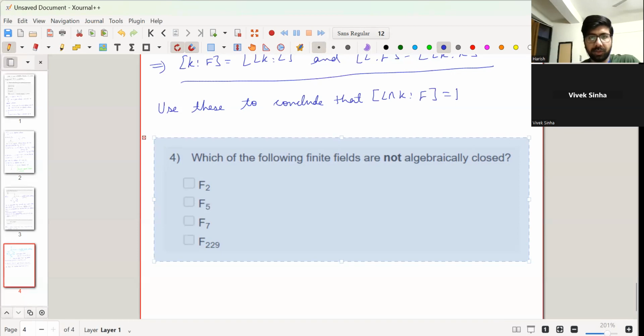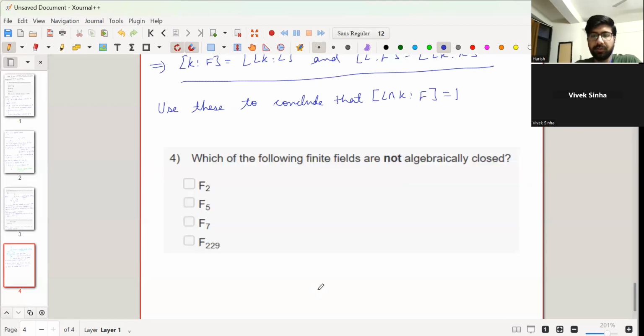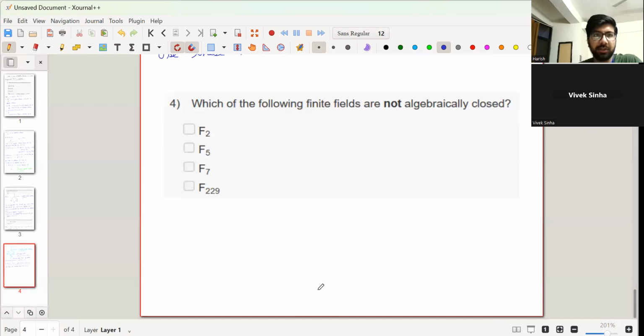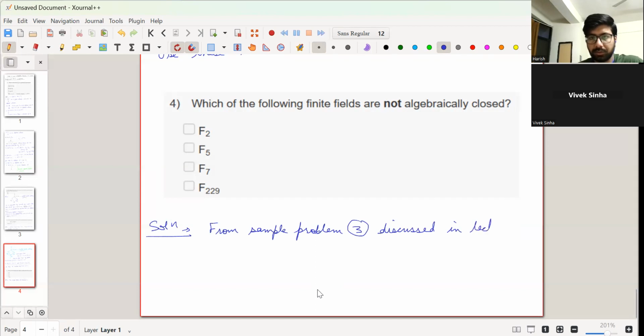So for that, one has to see sample problem number 3. It was a problem discussed in the lecture videos.